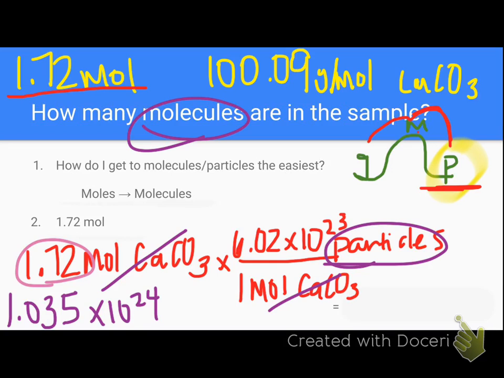One, two, three. Answer should have 3. So we're left with 1.04. Just rounded this 5 up, to give me 1.04 times 10 to the 24th molecules.